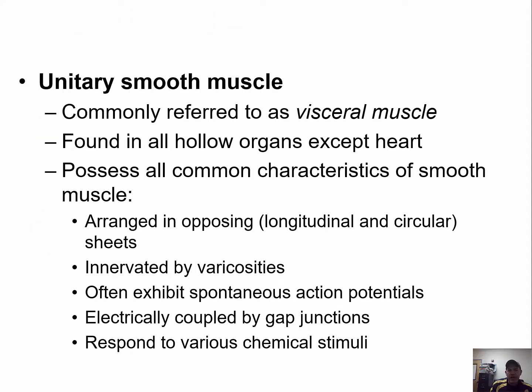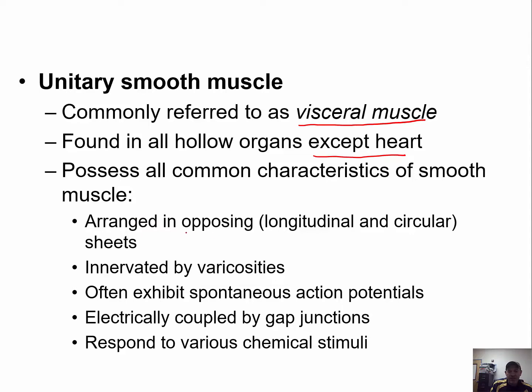So looking at unitary smooth muscle, this one is commonly referred to as visceral muscle. Now, viscera is a general term to refer to internal organs. So here we're talking about all of your hollow organs except the heart. So remember, the heart has cardiac muscle. Organs that have unitary smooth muscle would have these characteristics.